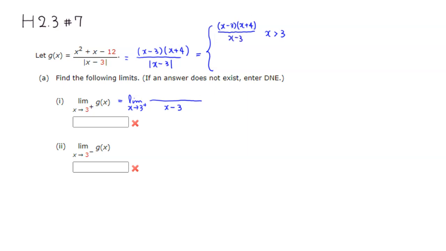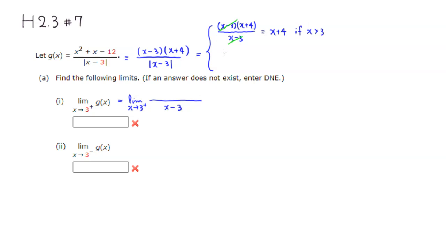Actually, I'm going to go ahead and simplify this. We can cancel x minus 3 and x minus 3. So this is actually exactly the same function as x plus 4. So this is if x is greater than 3.